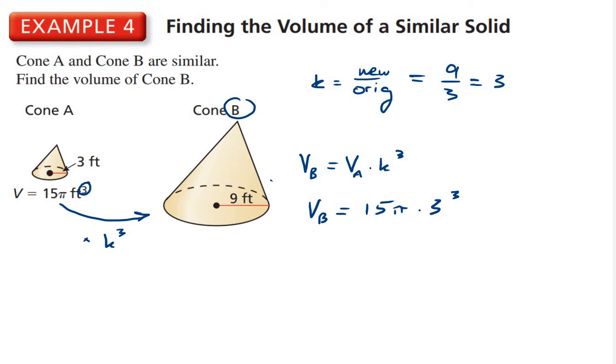So 15 times 27 is 405 pi. And since this was given as pi, I can leave that answer as pi, and that is in feet cubed.